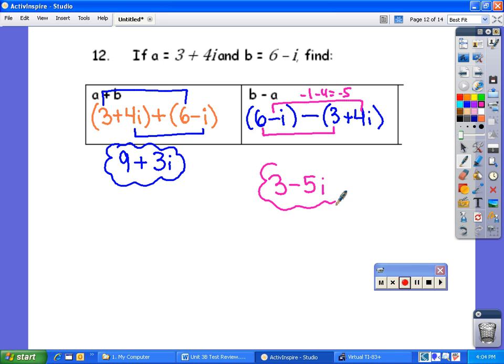So the final answer to this is 3 minus 5i. So here we had 4 plus negative 1, just in case you're not sure where these answers are coming from. Alright, so those are easy enough, combining like terms.